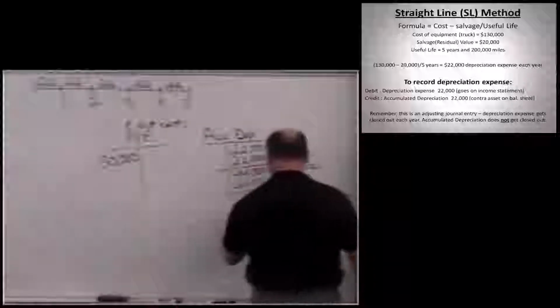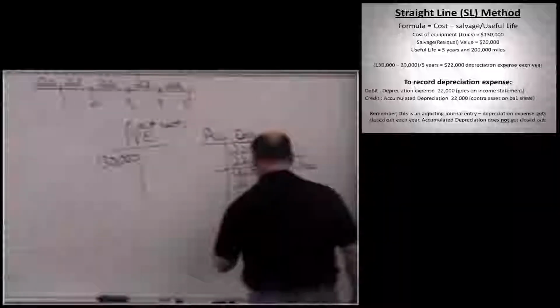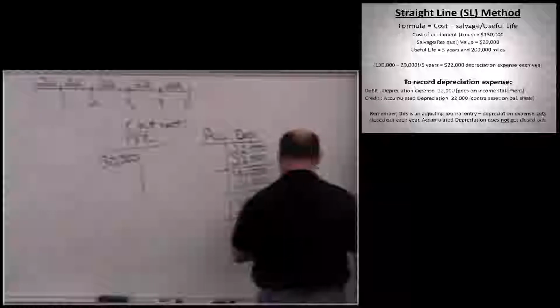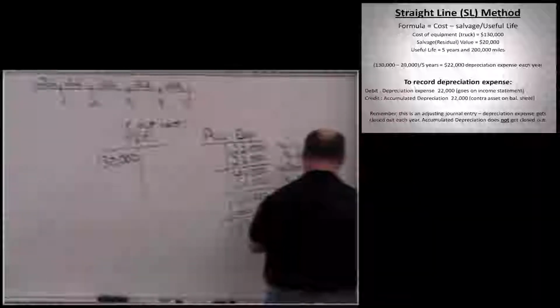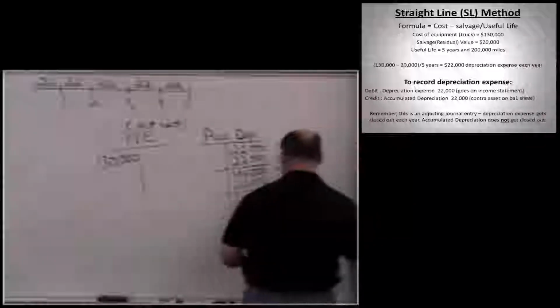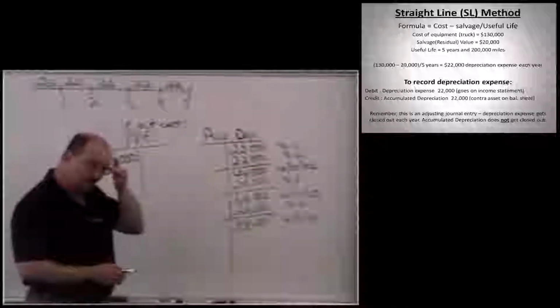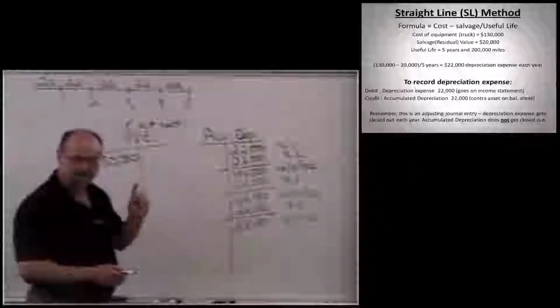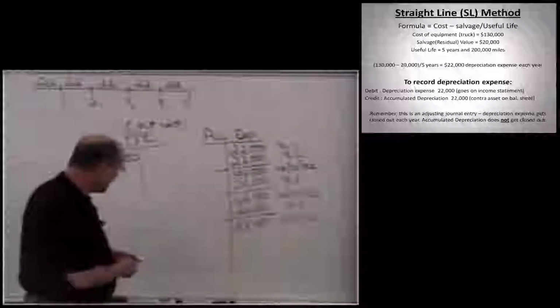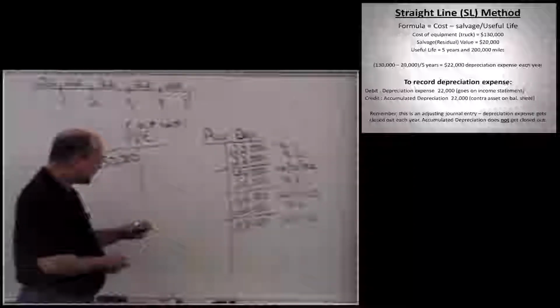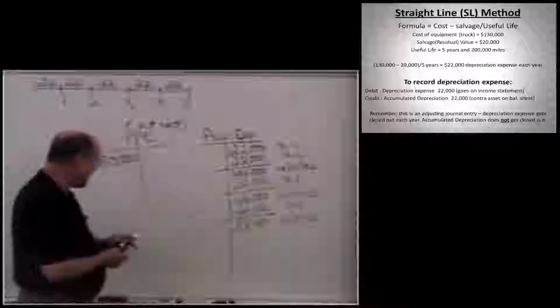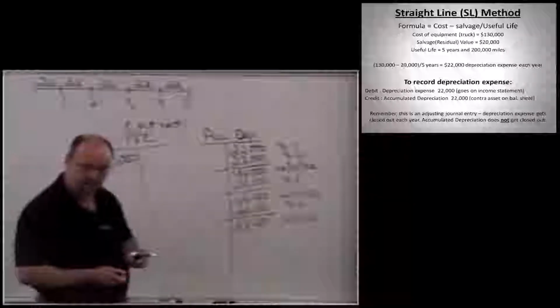Year 4, accumulated is 88,000. And remember that number after year 4. We're going to come back to that particular number for another example. My book value at December 31st, 04, 130 minus 88 would give me 42,000.